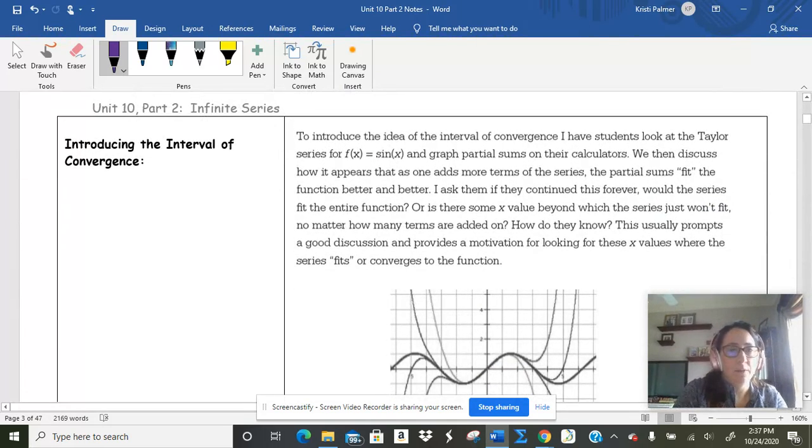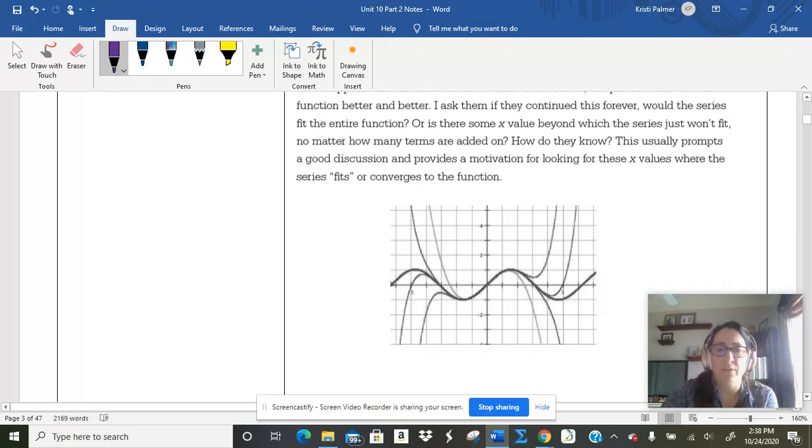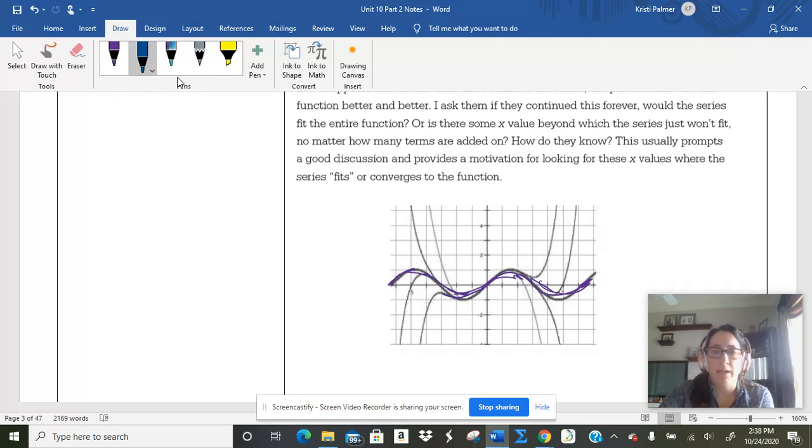Okay, and this is what I talked about of what we can do now. If we have this original function, like the sine function, I am trying to get some kind of polynomial to match it for a while.